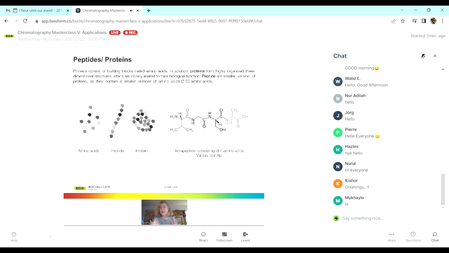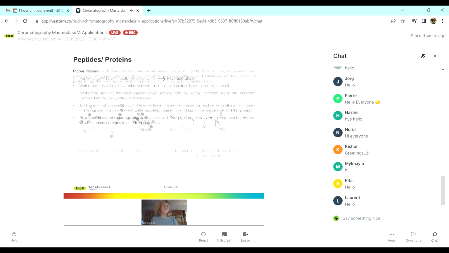So they play a very important role in nearly all fundamental processes in living cells. And they are frequently studied for their potential as therapeutic drugs. Peptides are just a smaller version of proteins. They contain a smaller number of amino acids, between 2 to 50 amino acids. Everything that's bigger, more than 50 amino acids, is then a protein.